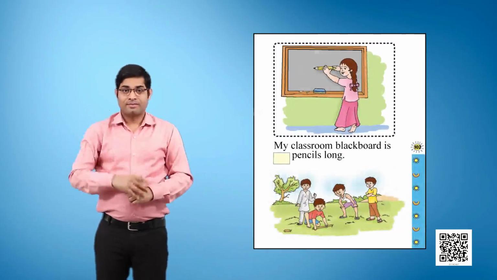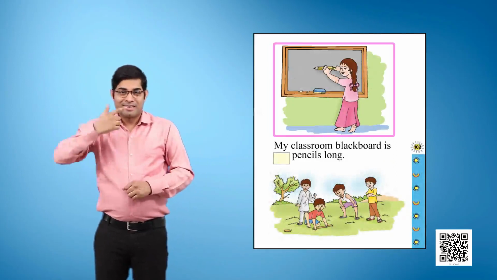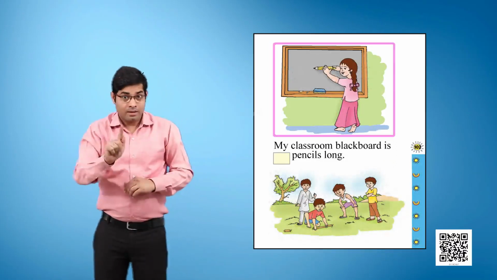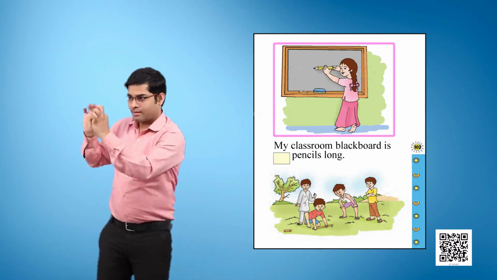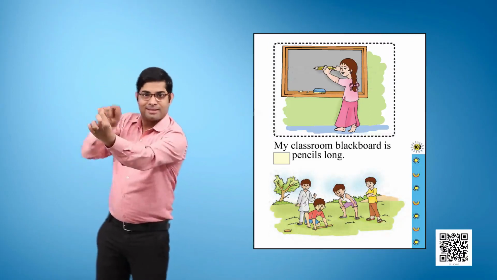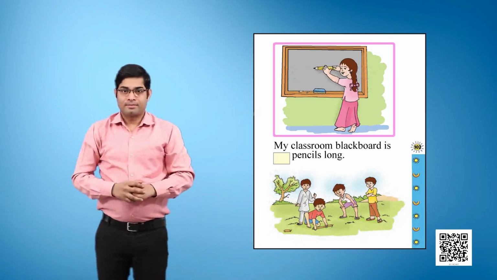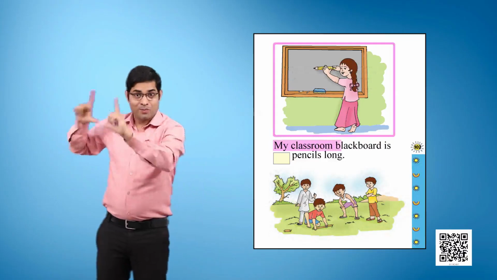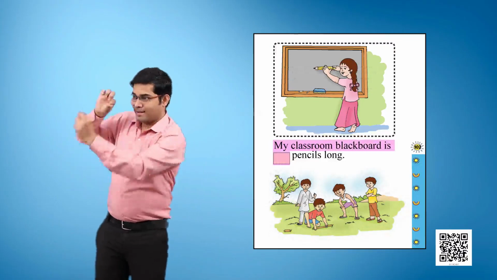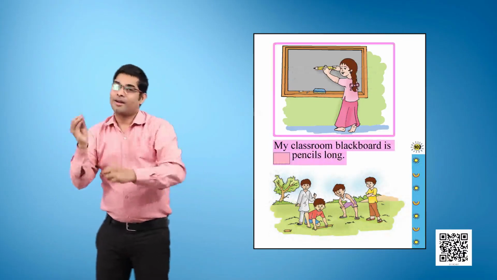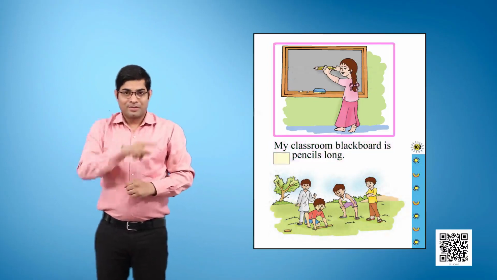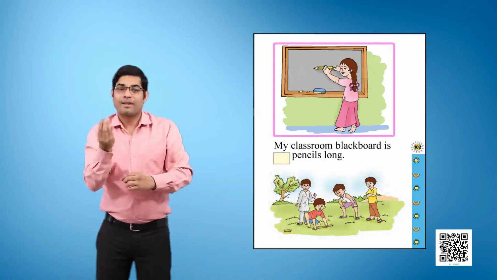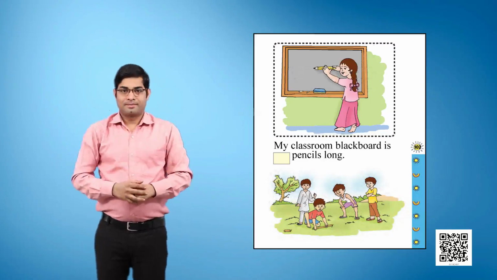Picture 3 shows a girl measuring the blackboard with her pencil. Question 3. My classroom blackboard is dash pencils long. You have to measure your classroom blackboard with your pencil and fill the dash.